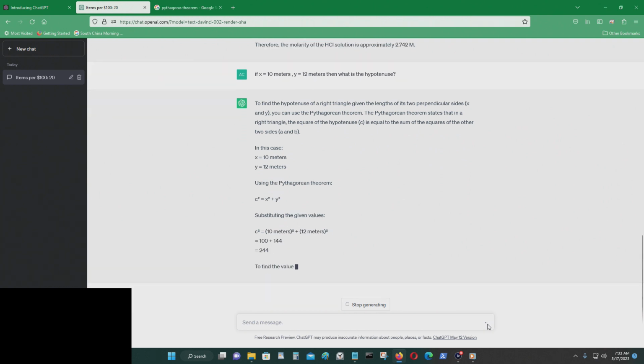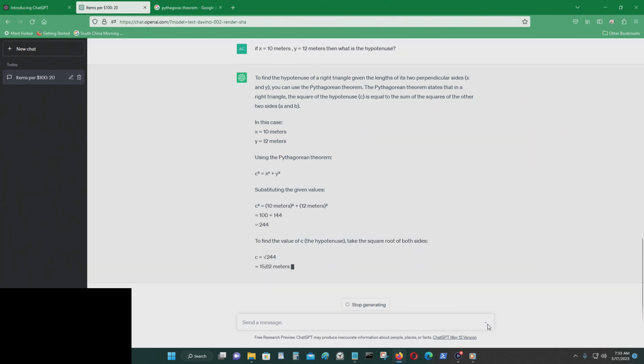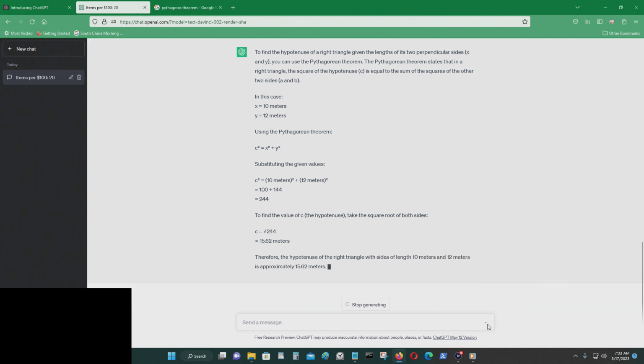That's correct. c squared equals x squared plus y squared. If we want to solve for c, it's the square root of x squared plus y squared. So that's correct. It's 244. Square root of 244.